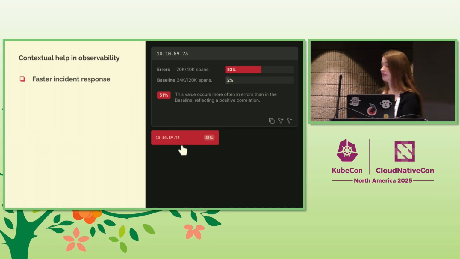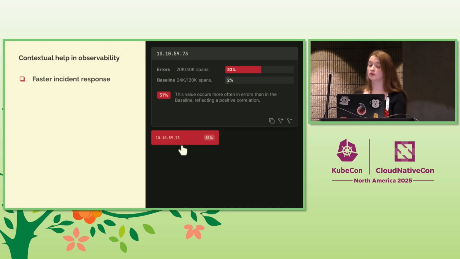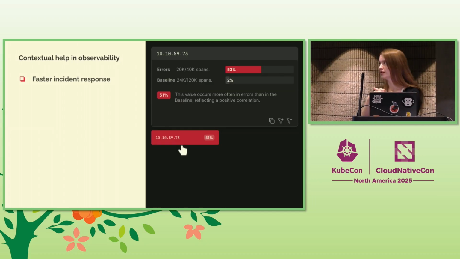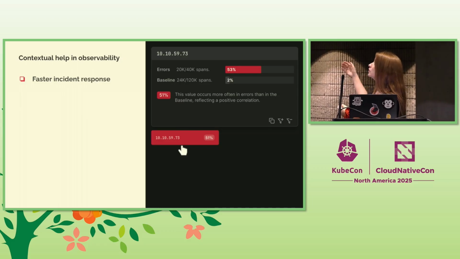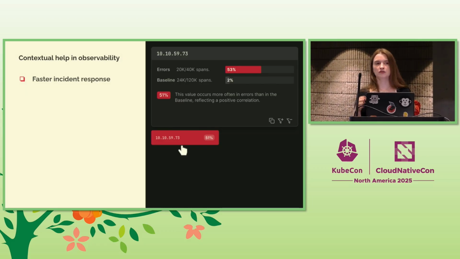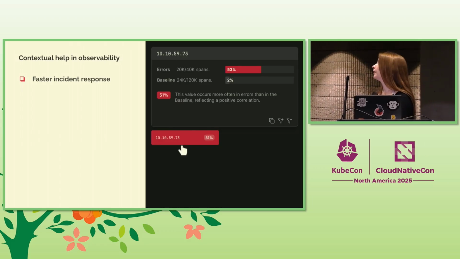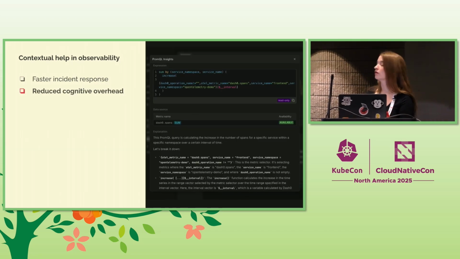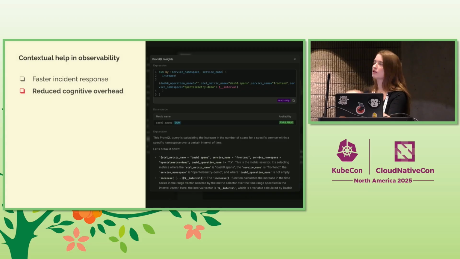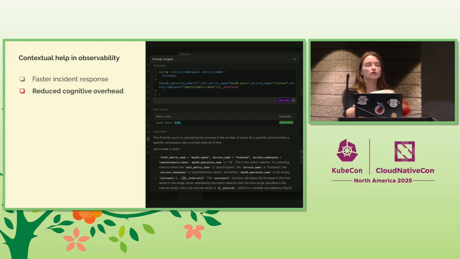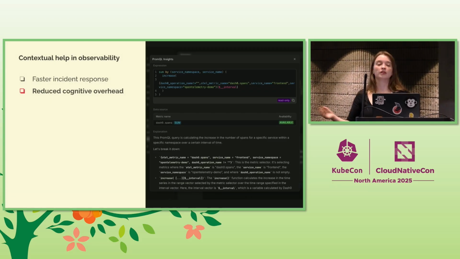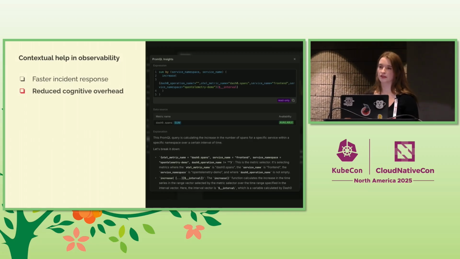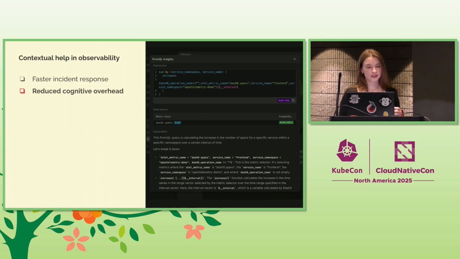And in observability, this is actually very useful because it gives you the opportunity for faster incident response, because you can get information right in the place where you're seeing the data. It also reduces cognitive overhead because you can include a lot of explanations, so you don't need to leave the tool and go on the internet, on Reddit, and get lost in this rabbit hole of the internet.